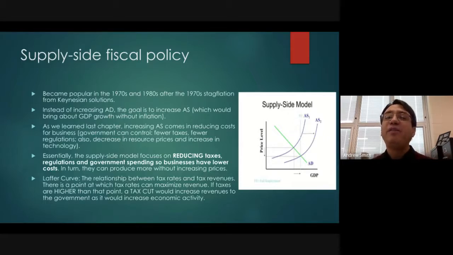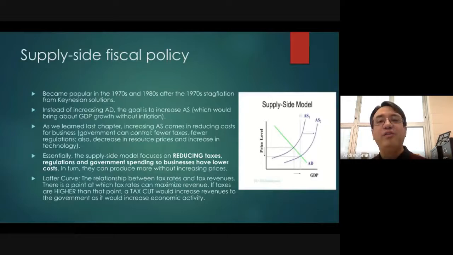Now, supply-siders often cite what's referred to as the Laffer curve, which is there is a relationship between tax rates and tax revenues. And the Laffer curve is kind of a horseshoe, or an upside-down horseshoe, because at a 100% tax, the government will collect $0. At a 0% tax, the government will collect $0.